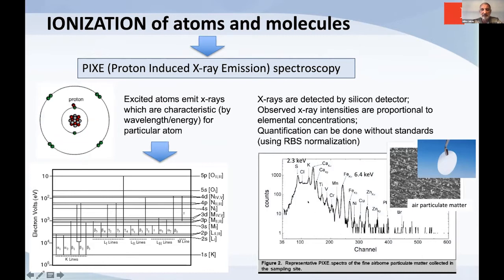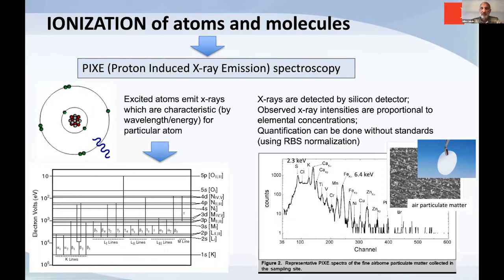So here is the lowest element, sulfur, going up to potassium, calcium, titanium, vanadium, and so on. This is an example of particulate matter, but tomorrow you will have an opportunity to get information on all these techniques in much bigger detail from colleagues from my laboratory.